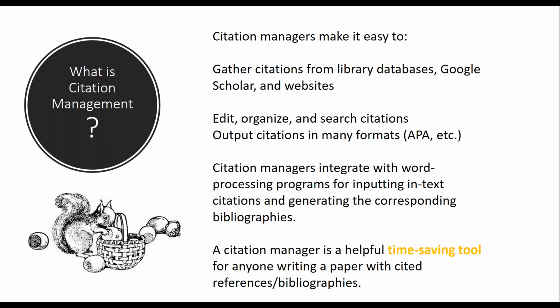They help you edit, organize, and search citations. They allow you to output citations in many different formats, including APA. They also integrate with word processing programs for inputting in-text citations and generating the corresponding bibliographies. So altogether, it's a helpful time saver for anyone writing a paper with citations and bibliographies.